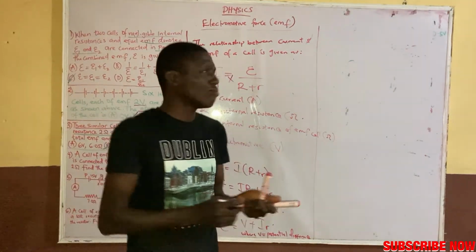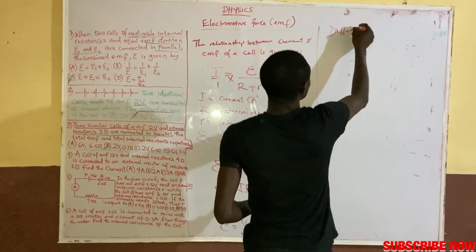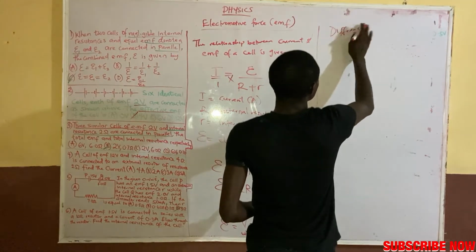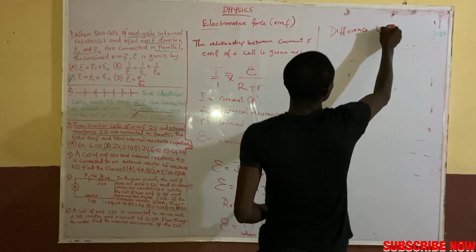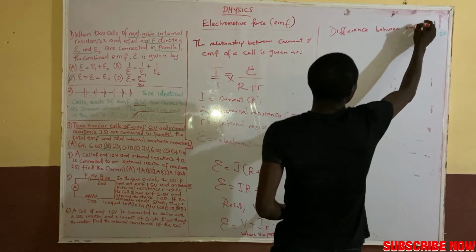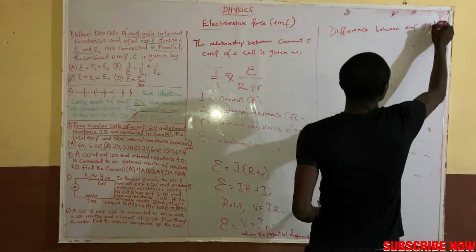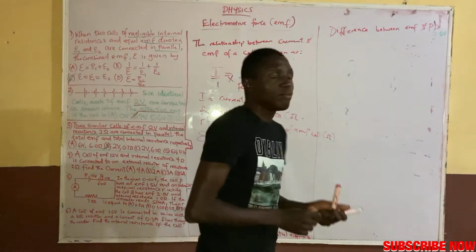What's the difference between the EMF of a cell and potential difference, PD?